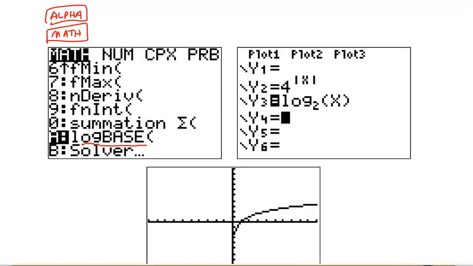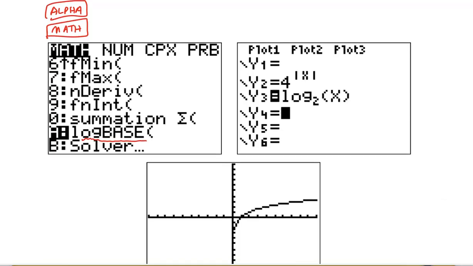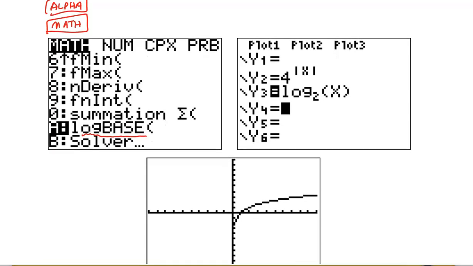Okay, if you don't have that, what you can do on your calculator, we'll talk more about this later, but there's a formula that says if I was going to try to graph log base 2 of x, and I don't have the log base function here, you have a log button on the left side of your calculator, and just use that, just a regular log.